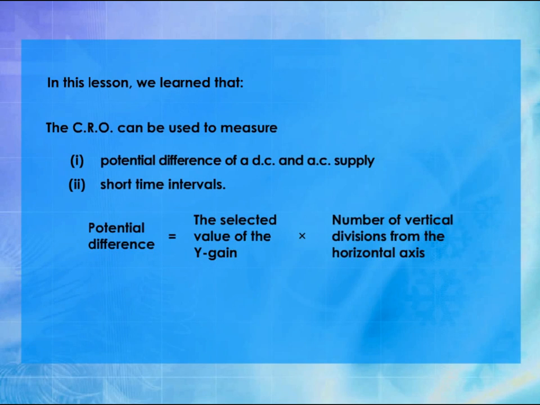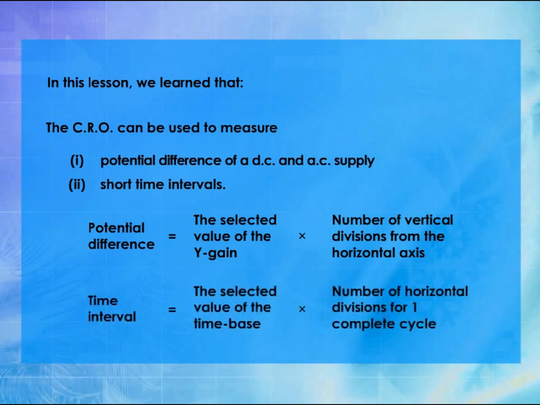Potential difference equals the selected value of the Y gain multiplied by the number of vertical divisions from the horizontal axis. Time interval equals the selected value of the time base multiplied by number of horizontal divisions for one complete cycle.